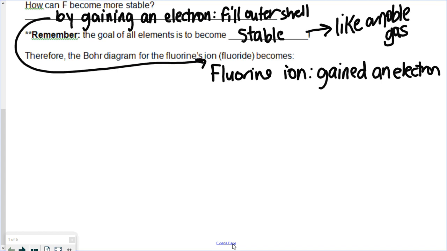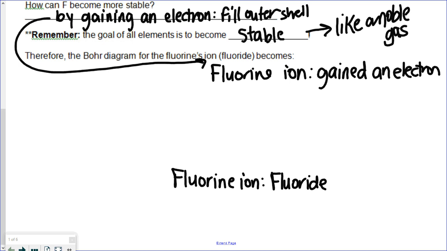So if we now write, oh, I'm doing what I said don't do. I was spelling it wrong. Fluorine ion actually has a different name. It's actually fluoride. Looking in your periodic table, find fluorine, so it says 9, fluorine 19.00. You'll see at the bottom of that box, it says F minus and it says fluoride. So the name of our fluorine ion is actually fluoride.